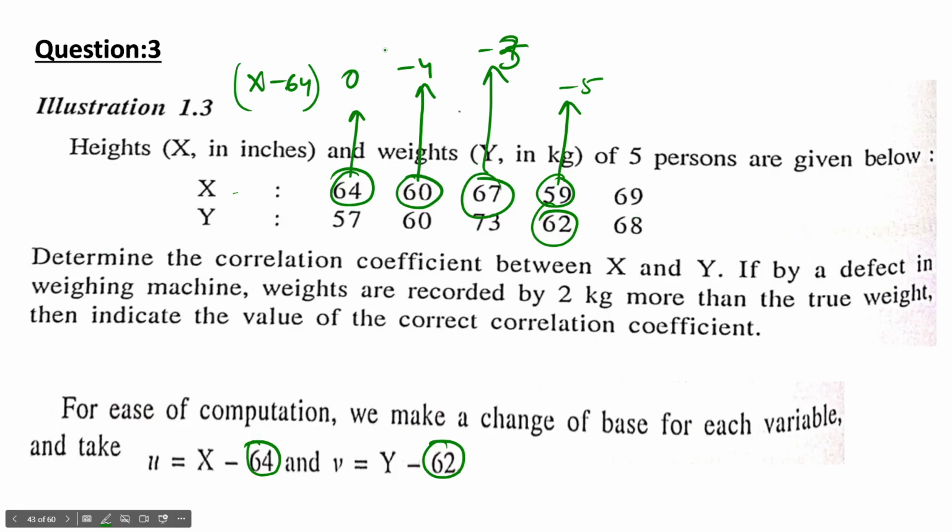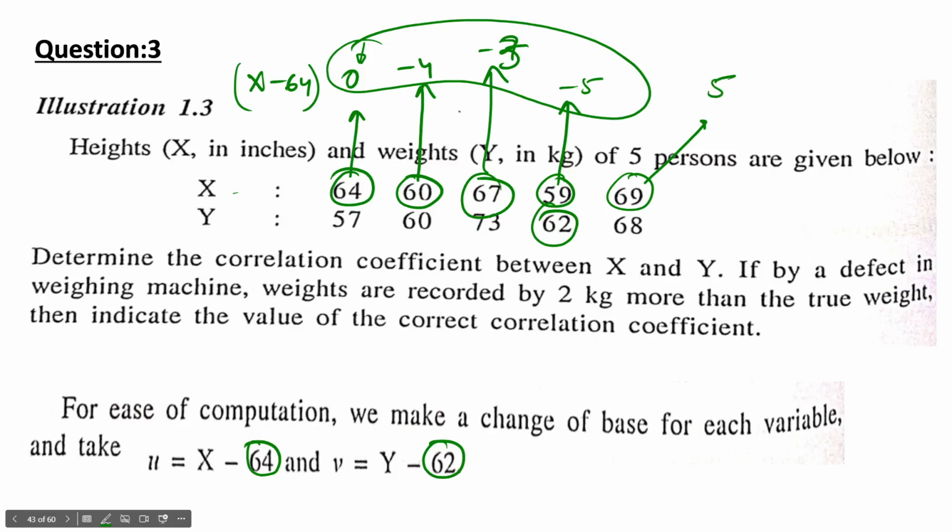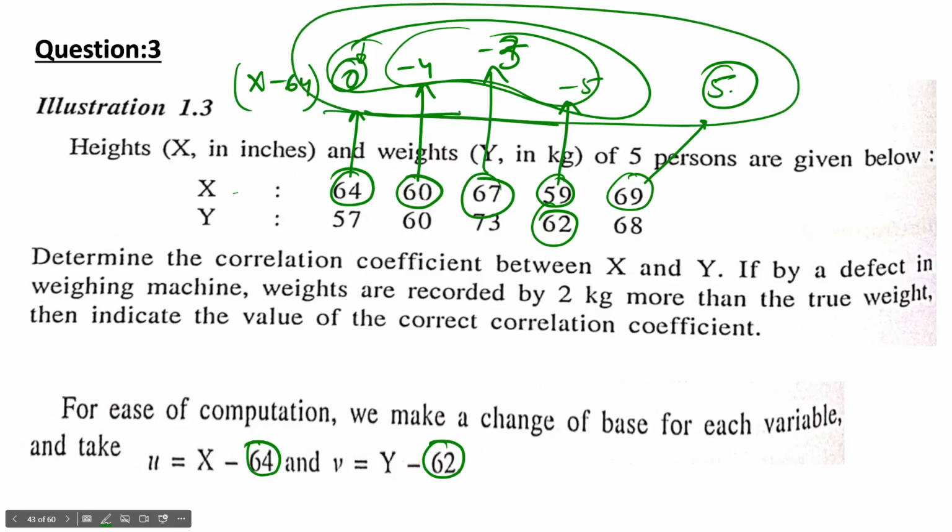Now, some data will give you non-negative values, like 5 and 0, and some data will give you negative values. So when you add this whole data, you will get a sum, and the aim is for that sum to have the minimum possible value.